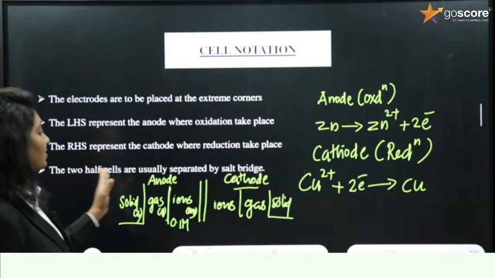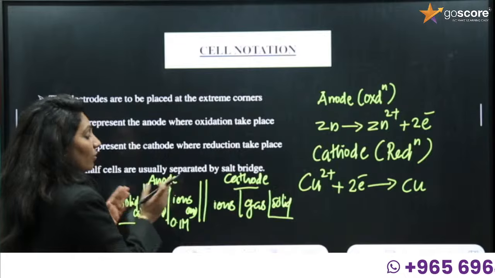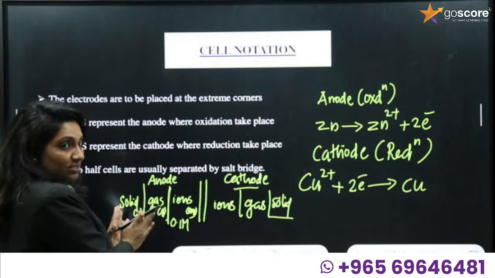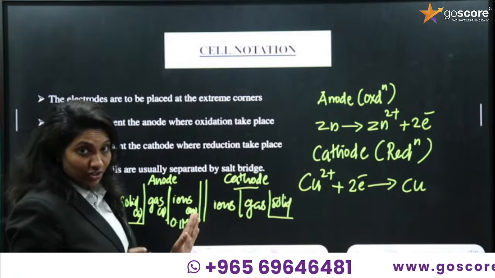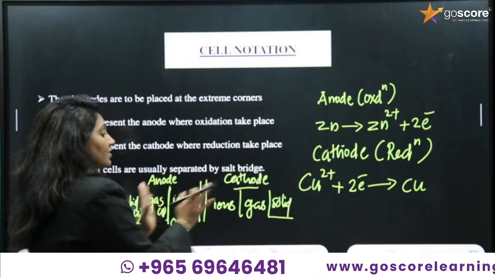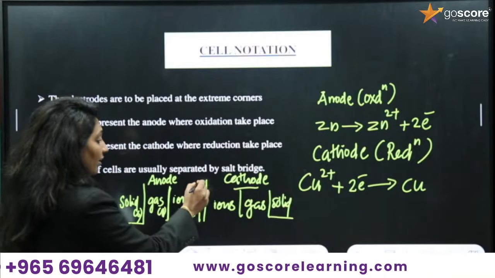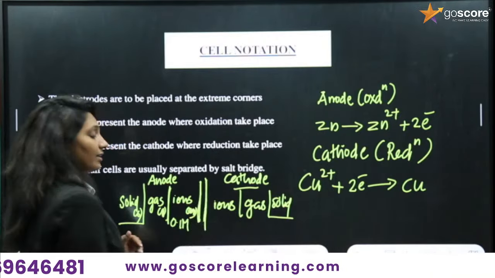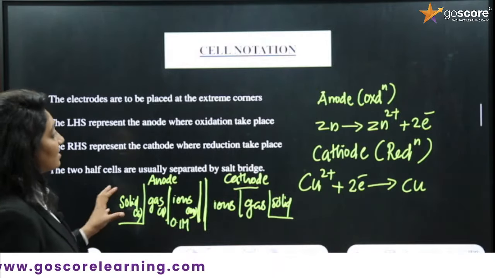And there are two half cells, which are usually separated. The first half cell is where the oxidation takes place, and the other is the reduction half cell, and this oxidation half cell and the reduction half cell are separated by a double line that represents the salt bridge, right? So this is the cell notation.